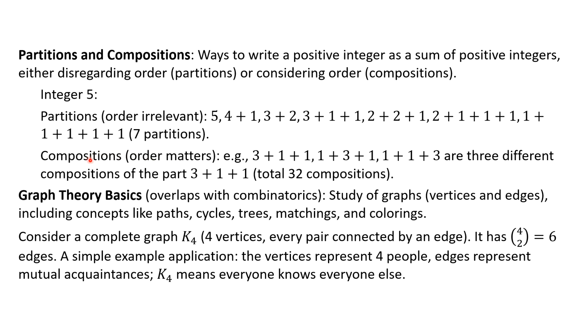Then you have the other case where you are concerned about order, and I won't list them all, but just to give you an example to make the point, 3 plus 1 plus 1, 1 plus 3 plus 1, 1 plus 1 plus 3 are counted as 3 different compositions. And in fact, if you are concerned about order, then there are 32 ways of writing 5.